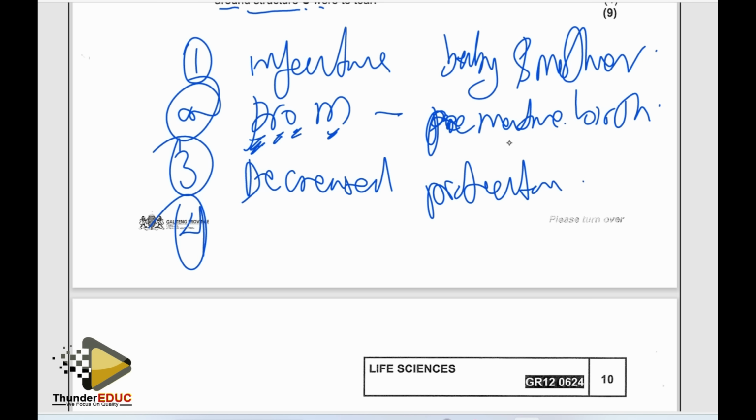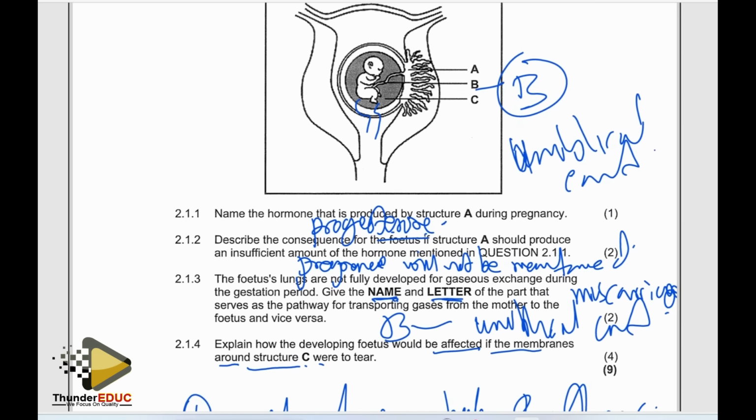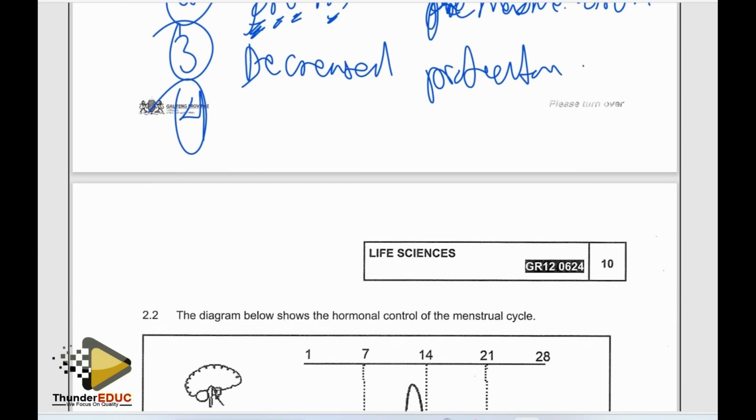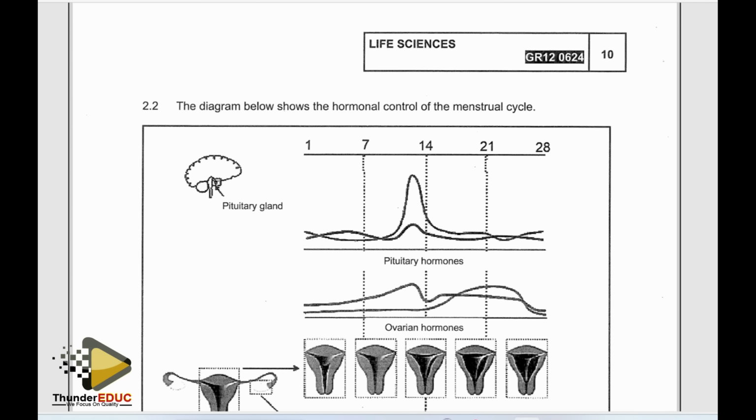Maybe you can talk about compression of the umbilical cord affecting the blood and nutrient flow. If the fluid is not there, the umbilical cord is going to be compressed, and that will affect the blood flow and nutrient flow to the baby and to the mother.